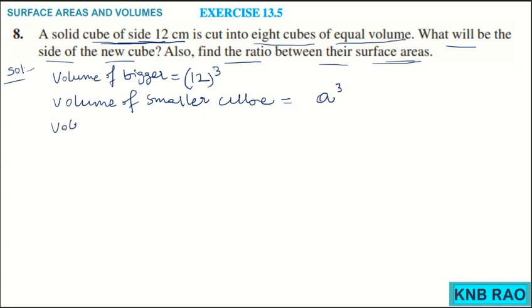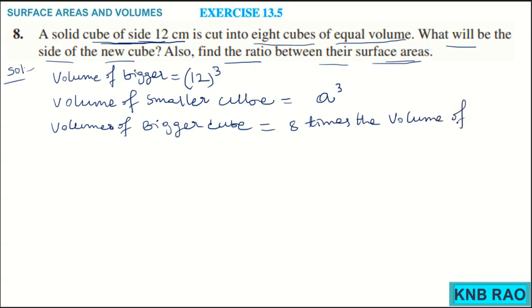Volume of the bigger cube is equal to 8 times the volume of the smaller cube, which means 12 cube is equal to 8 times a cube.